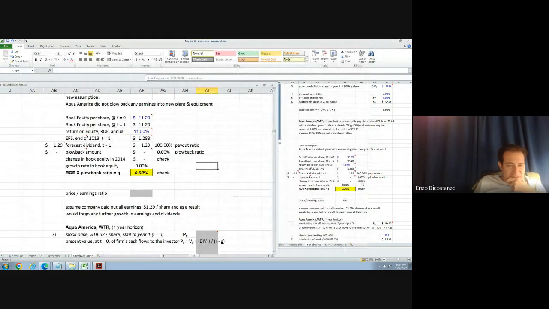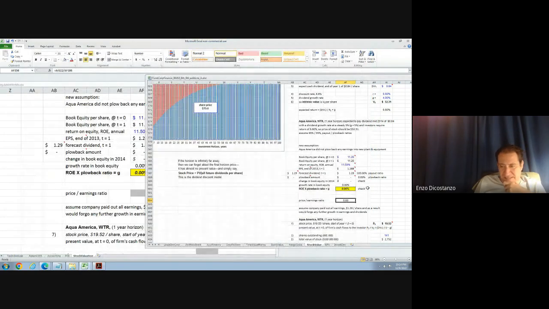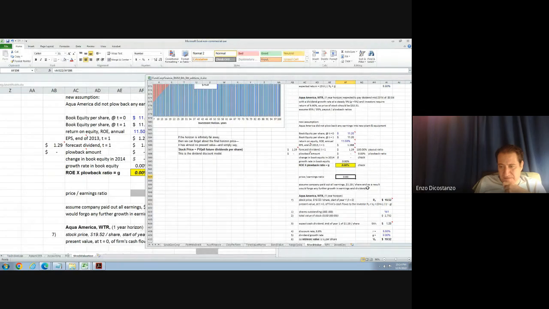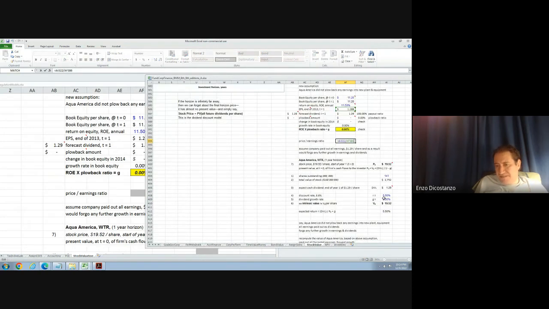So a little more of a sophisticated example there. Yes, this really should use these numbers, right? A price to earnings of 15, right? I would think that would be a better shot for us.